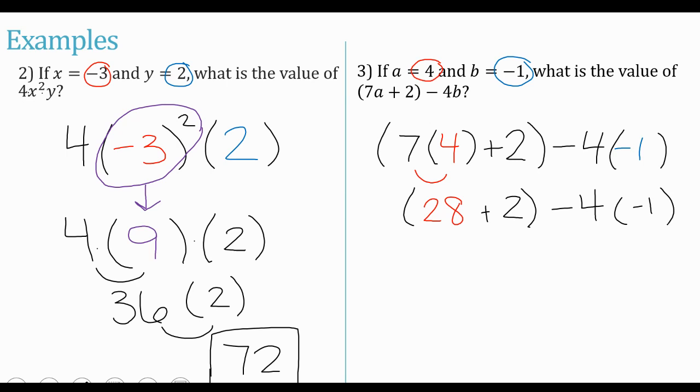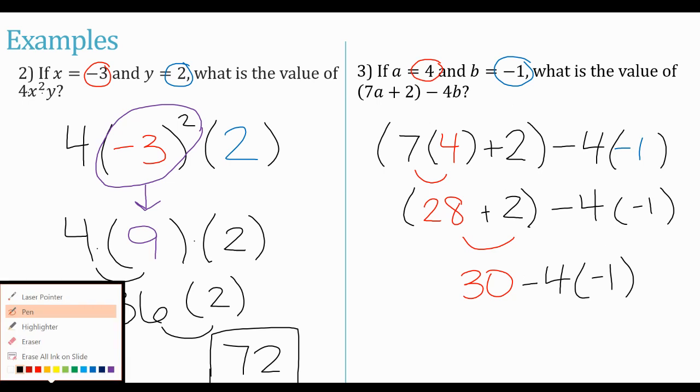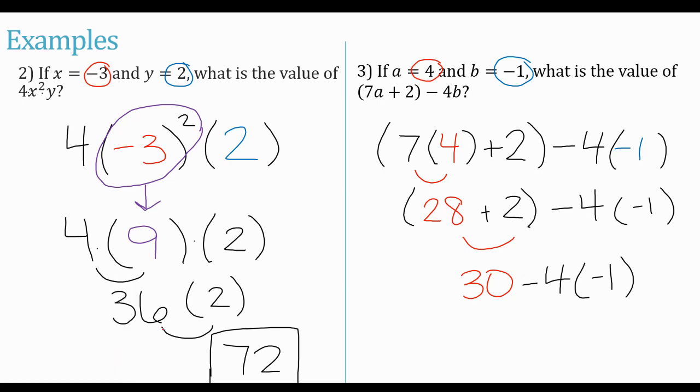Now I'm going to add those together. 28 plus 2, that's going to give us 30. You can get rid of the parentheses at this point. Minus 4 times negative 1. Now before we do this subtraction, we have this multiplication. Still comes first in our order of operations. So negative 4 times negative 1 gives us a positive 4. Bring down your 30. Now you can add, and your answer is 34. And that's it.